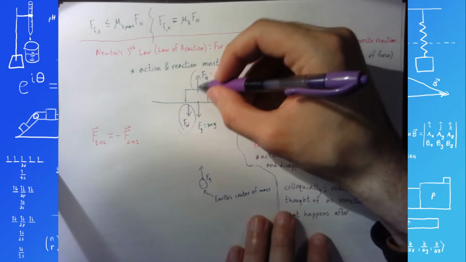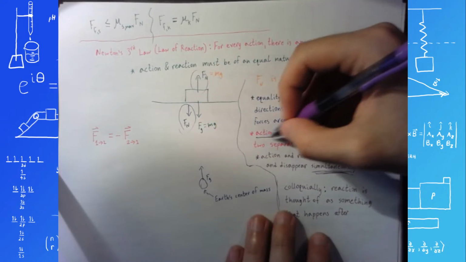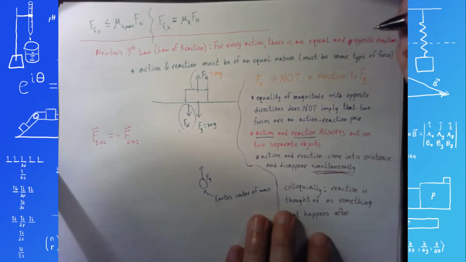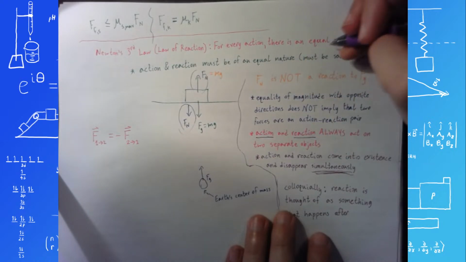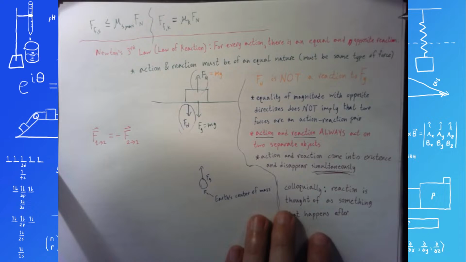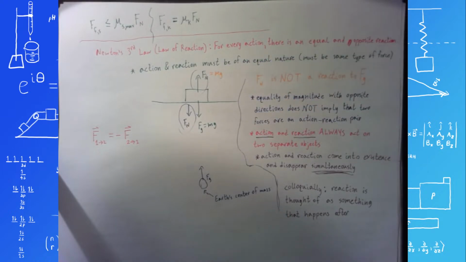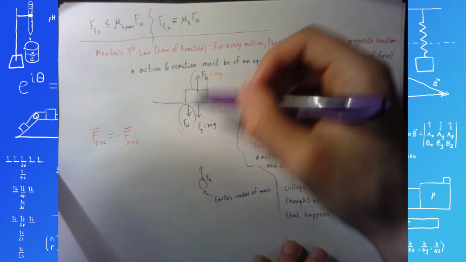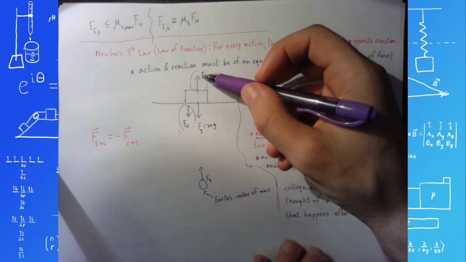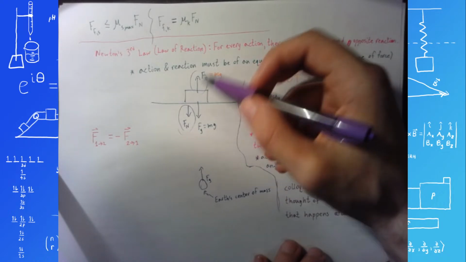Both of these have some sort of relationship between them where they must be equal and opposite, and that's what ultimately matters. It doesn't matter which one you call the action and which one you call the reaction. It's a completely arbitrary choice. So don't get too hung up on that. Reaction is just a relative concept. They're both a reaction to each other, and they are both actions for each other.